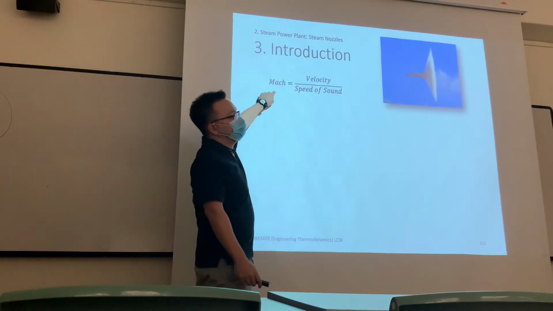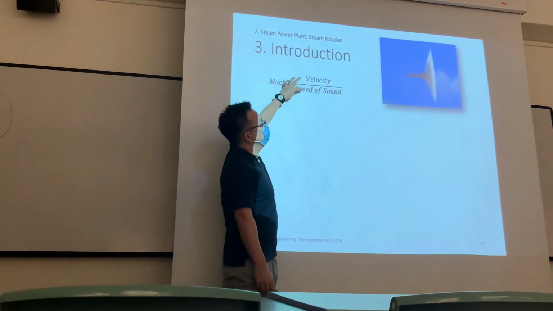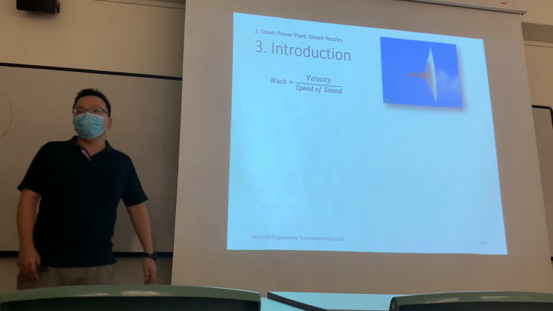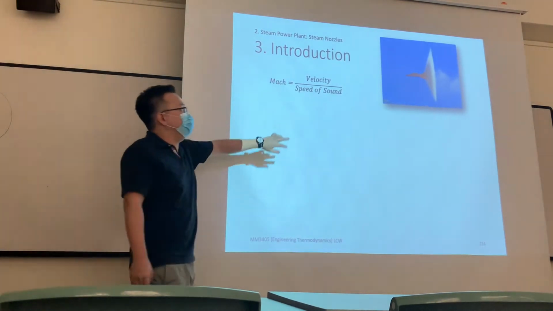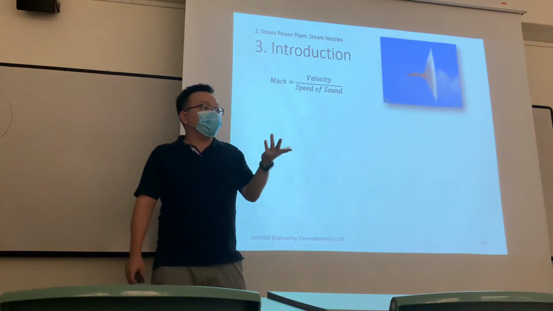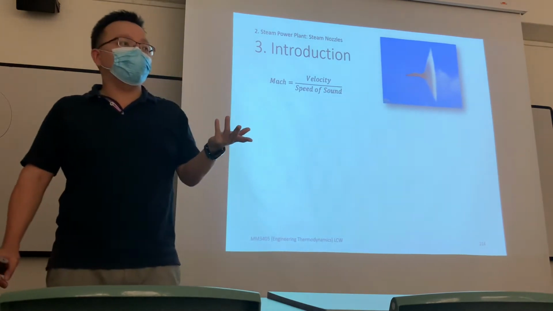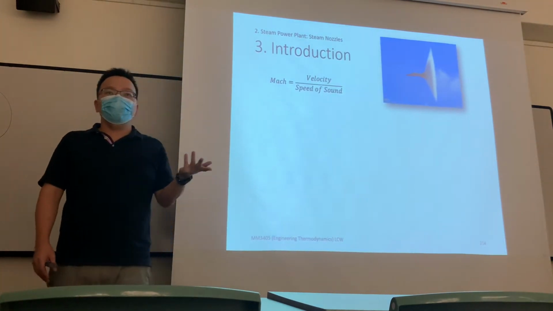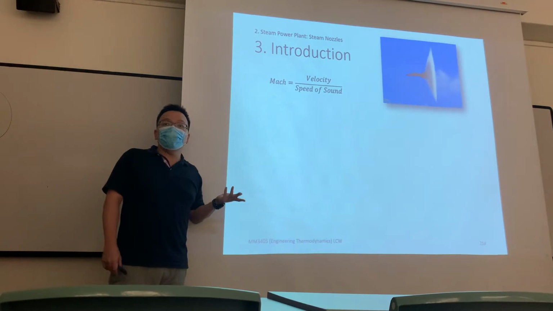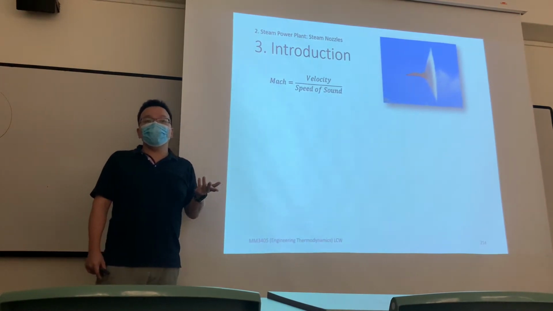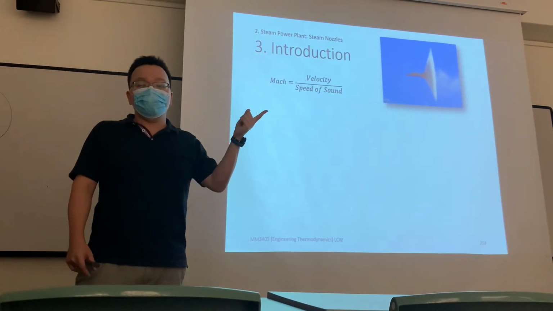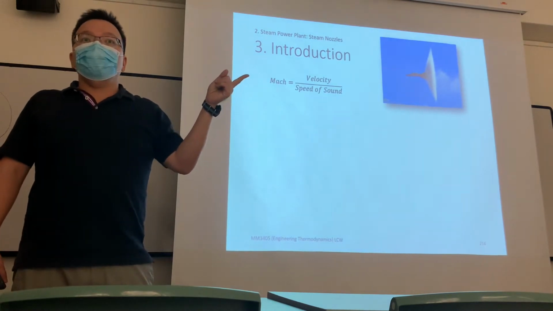So Mach is actually the velocity over the speed of sound. The speed of sound in air is about 330 meters per second, not kilometers per hour. 300 plus kilometers per hour is the speed of a bullet train, right?